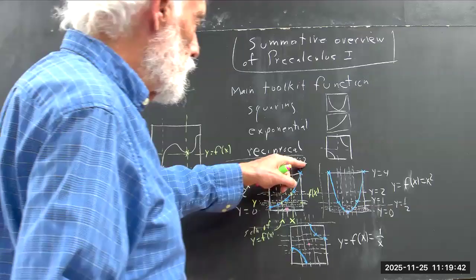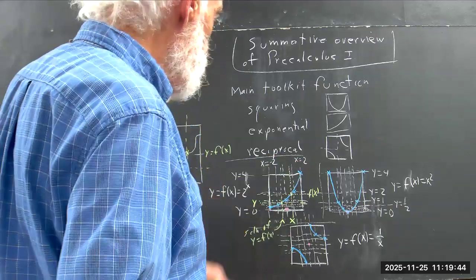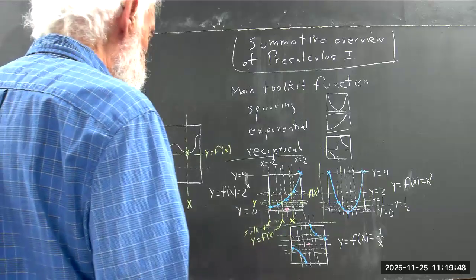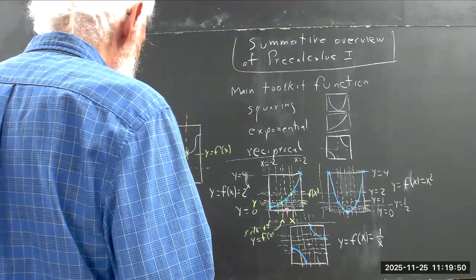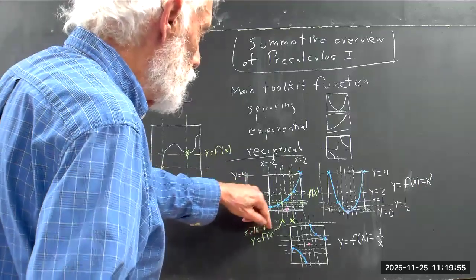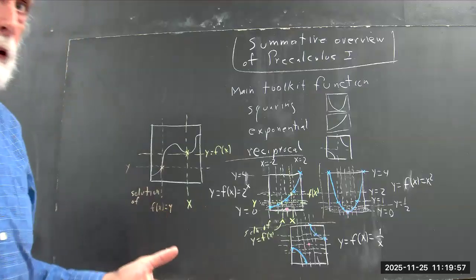if we had the exponential function, the equation y equals f of x would now be y equals 2 to the x. And we'd have to solve that equation.